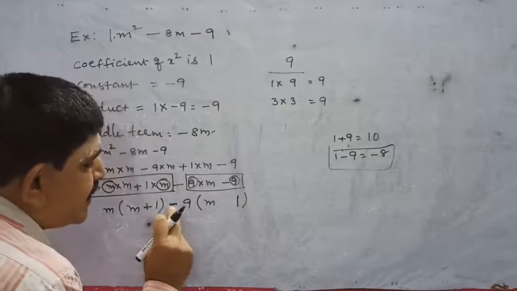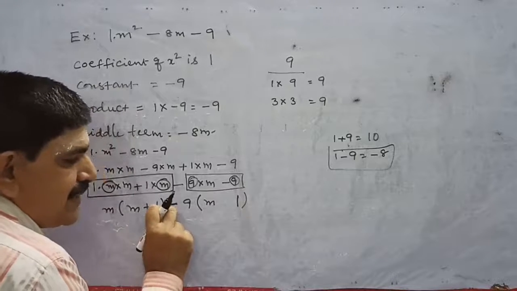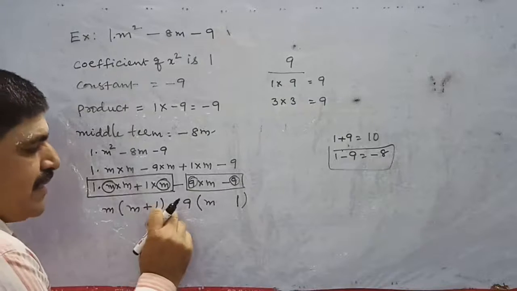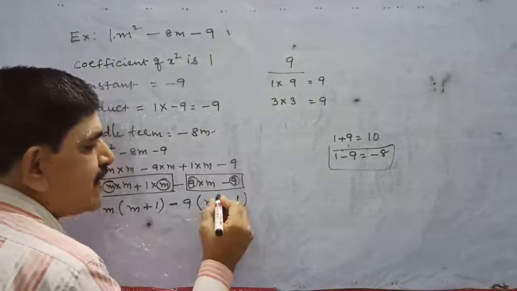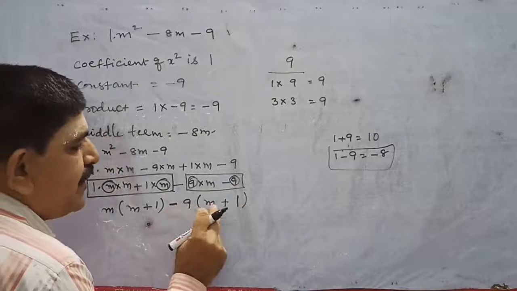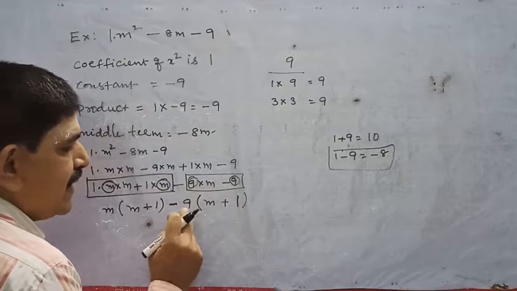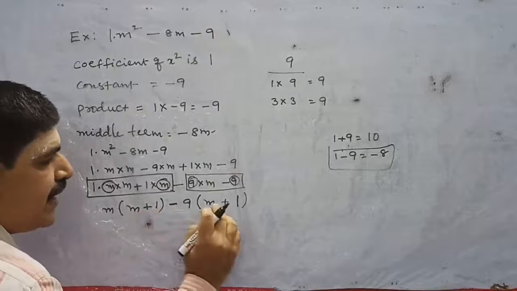Now how much is multiplied by minus? We get minus here. Right? How much is multiplied by this minus symbol? We get minus here. That is plus. See now, minus 9 into m, minus 9m, minus into plus, minus 9 ones are 9. Right? Now, m plus 1, m plus 1.